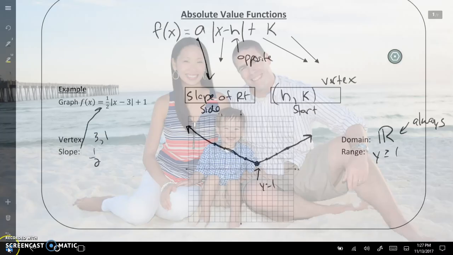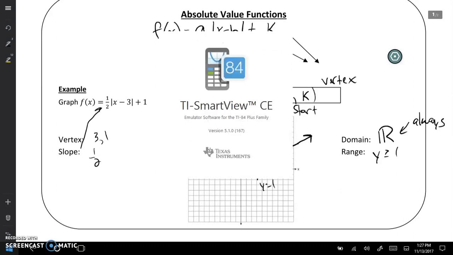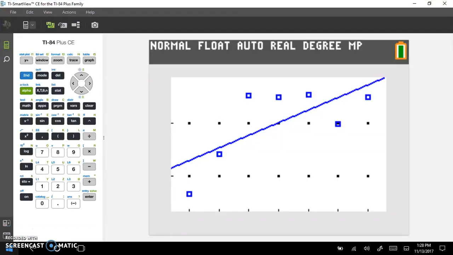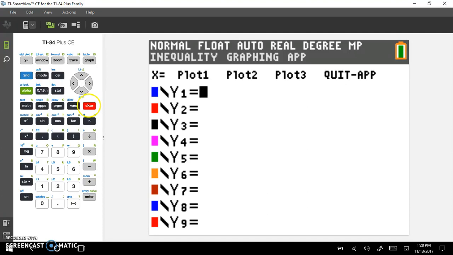If you open up your calculator, you could graph this also. You don't have to. We're going to go to y equals. Make sure Plot 1 is turned off if it's on there. Then we go parentheses 1/2, because you put the 1/2 in front, and now we've got the absolute value.